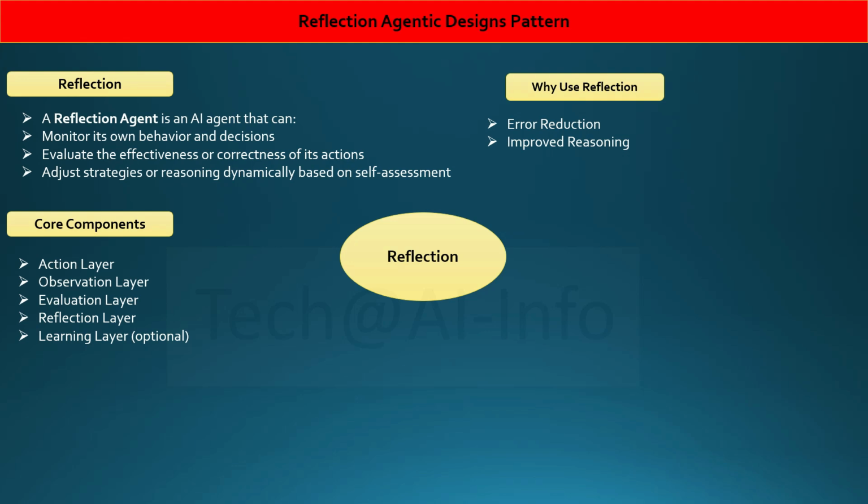But with reflection, it enables dynamic reasoning adaptation. The agent can change its chain of thought, switch from slow to deeper reasoning, and break a complex problem into better sub-steps.